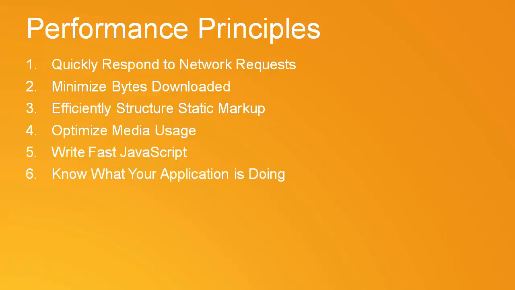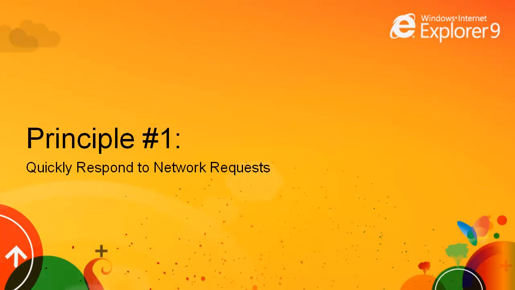On number 4, we have the optimization of media usage. Number 5, writing fast JavaScript, and we're going to give you some tips on how to improve some of the work that you do. And then number 6 is knowing what your application is doing, and here we're going to call attention to things that most of us should be doing with our apps and with our websites. So let's start with principle number 1, quickly responding to network requests.